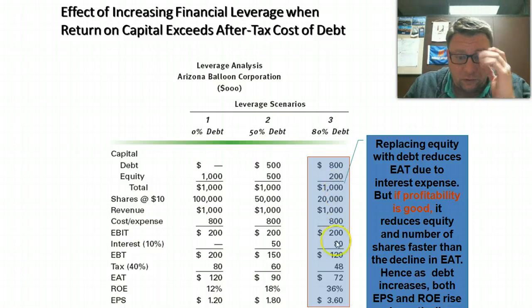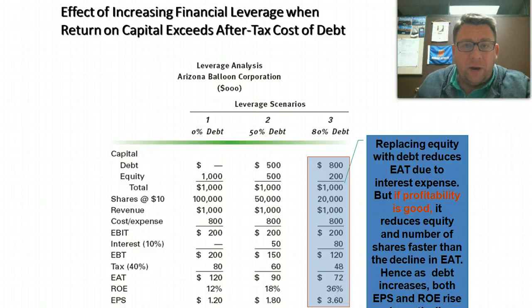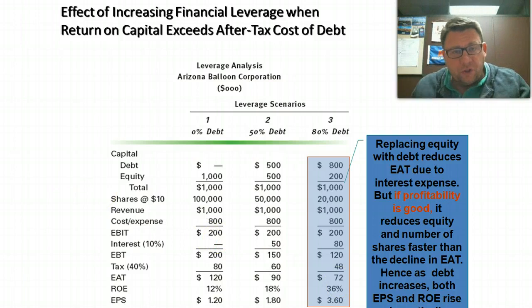It is true that our earnings have decreased as we move through these capital structures, but our earnings per share has tripled, and our ROE, return on equity, has tripled. So our earnings have decreased, but only at a rate of 1/3, basically, of what our equity has decreased. And that's the type of thing that should cause our stock price to increase.